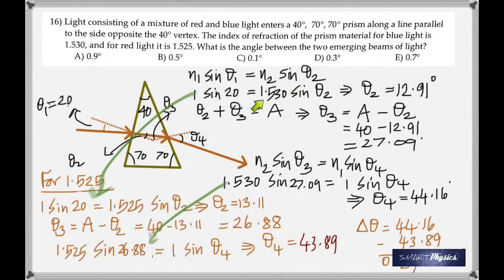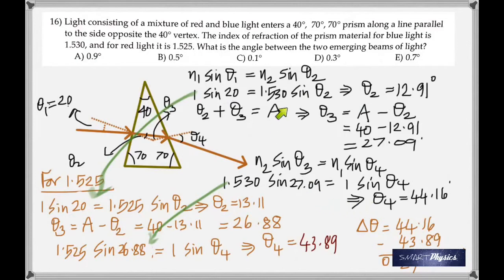So 1 sine 20 is 1.530 sine theta 2, from which you find theta 2. And then use theta 2 plus theta 3 is equal to the angle of the prism, from which you get theta 3. And once again, apply Snell's law at this point and you would get theta 4.